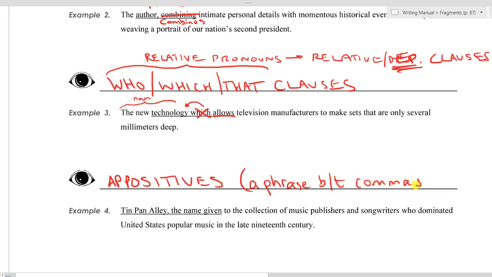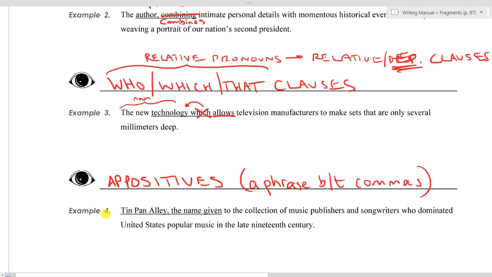There is a more technical definition of appositives, which you can go back to your subject-verb agreement section and review. But if you see a phrase between commas, you've got to remember that that phrase between commas might be an appositive, and all appositives do is add description. Again, they act as adjectives, describers.